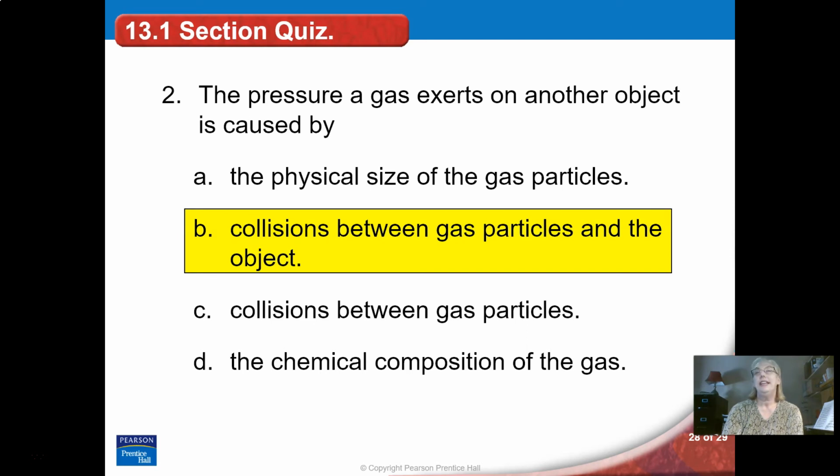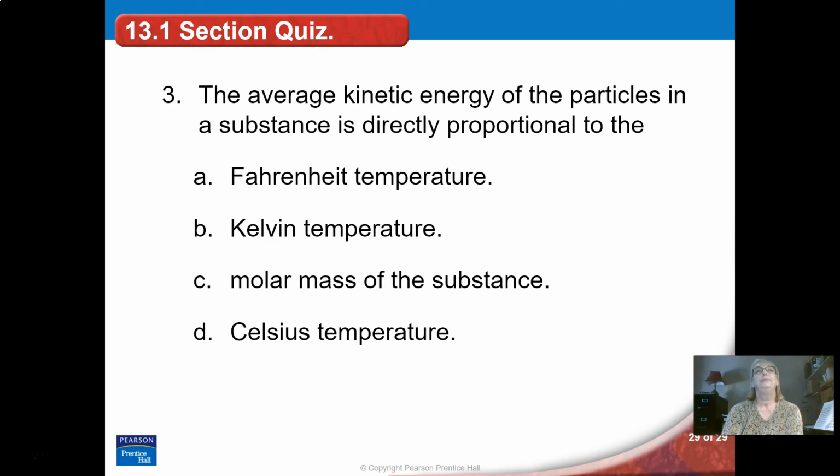So for the container or vessel, like the balloon, it's how many collisions the particles make hitting the side, and also how much force, how high a temperature they're at, how fast they're hitting the side. So kinetic temperature is proportional to Kelvin. So we always have to use Kelvin measurements in gas laws because it makes the math work out correctly.